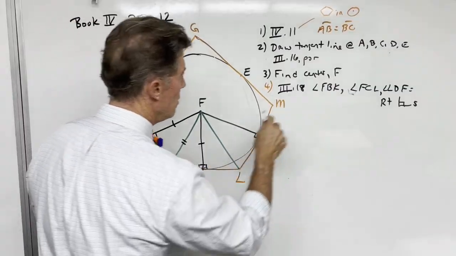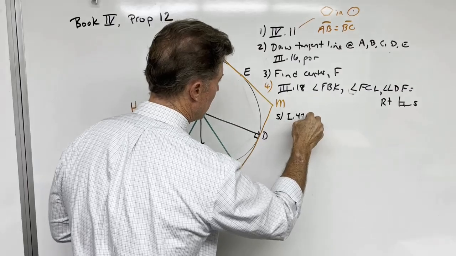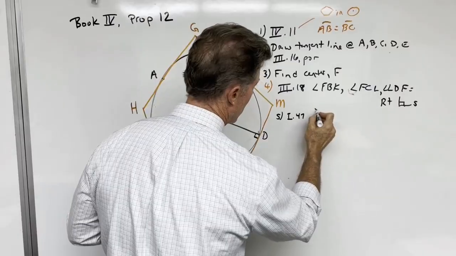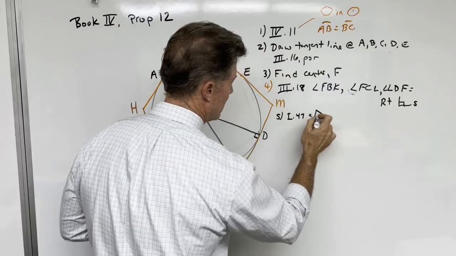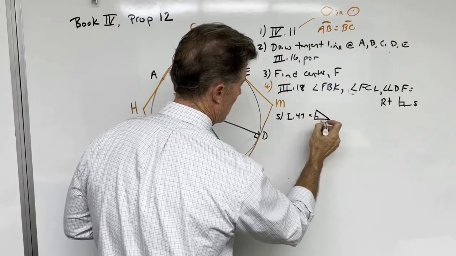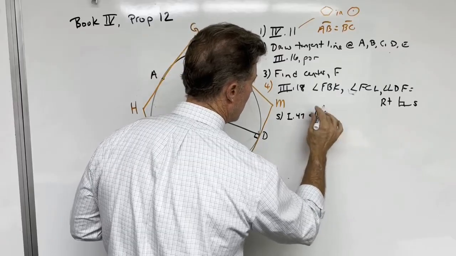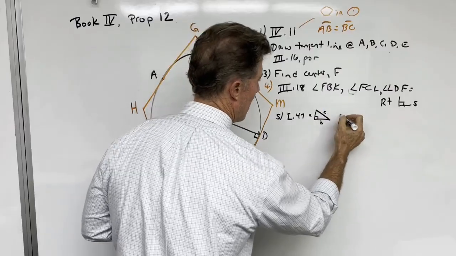So using, this is our fifth step, Book 1, Prop 47, the famous Pythagorean theorem. Remember, the Pythagorean theorem says if we have a right triangle, the squares on the sides containing the right angle are equal to the square subtending the right angle. Namely, the square on A plus the square on B will equal the square on C, the hypotenuse.